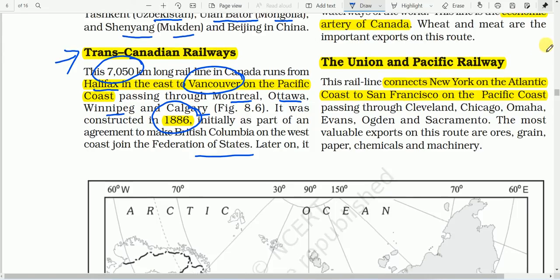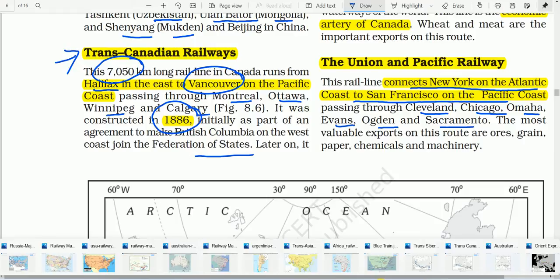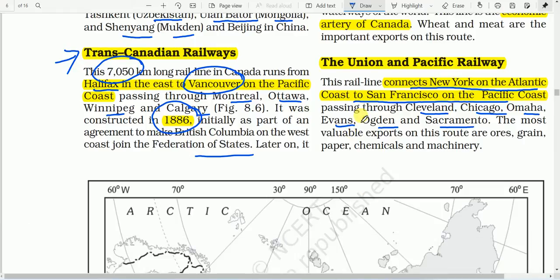And next we have the Union Pacific Railway. This railway line connects New York on the Atlantic coast to San Francisco on the Pacific coast, passing through Cleveland, Chicago, Omaha, Evans, Ogden, and Sacramento. These are the stations connected by the Union Pacific Railway.